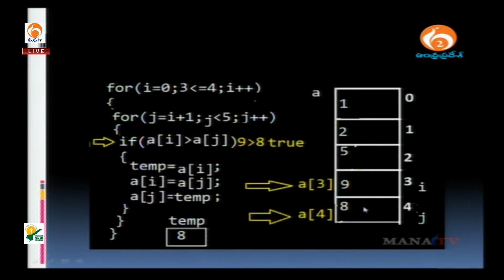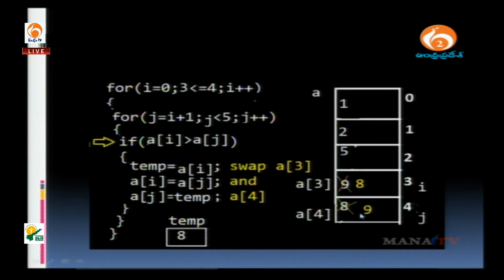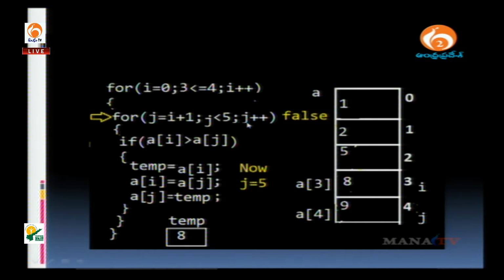Swap these values, interchange these values: 9 is replaced with 8 and 8 is replaced with 9. If the condition is true, then swap the values. Next, control moves to the next iteration of the inner for loop.